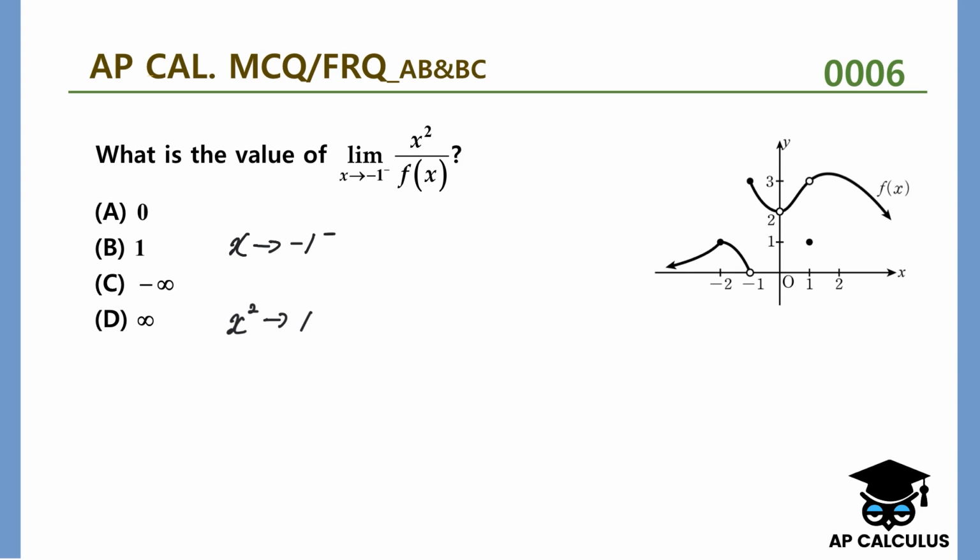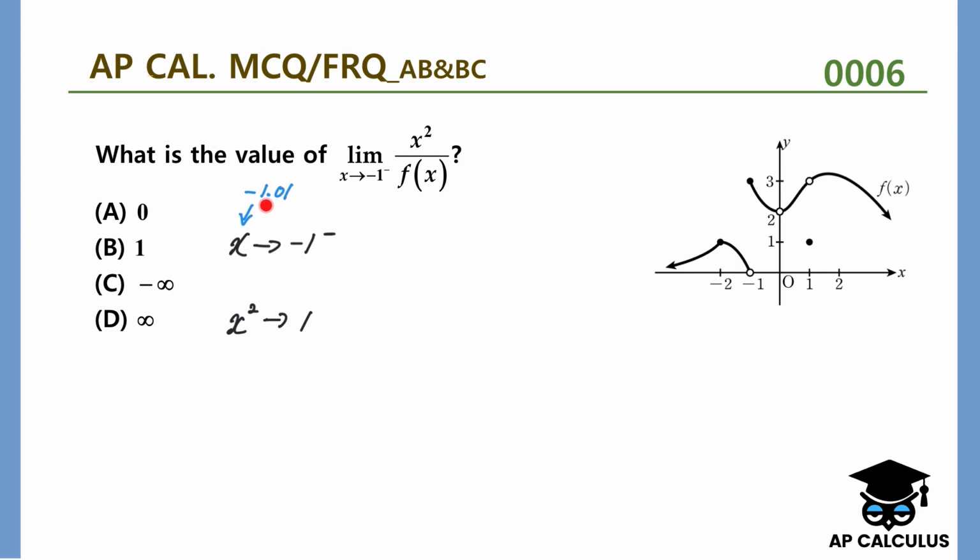Let's think about this. X is a value less than -1, right? So it could be -1.01. If we square that, negative times negative, that's a positive. And this value right here, without the negative, is greater than 1, a little greater than 1.